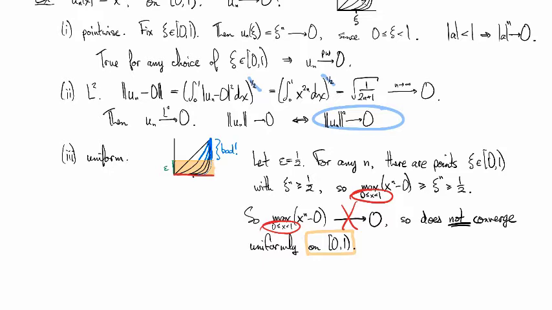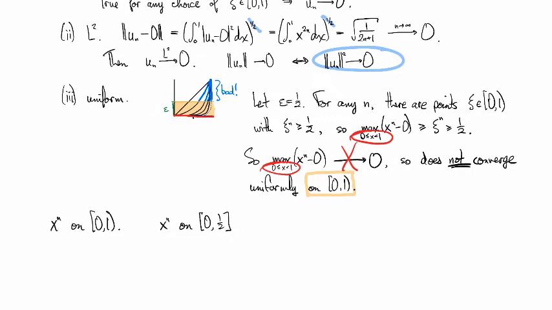To give you an example, for this one, we just looked at the functions xn on the domain from 0 to 1. But if I'd instead chosen the functions xn on the domain from 0 to 1/2, how do things differ?